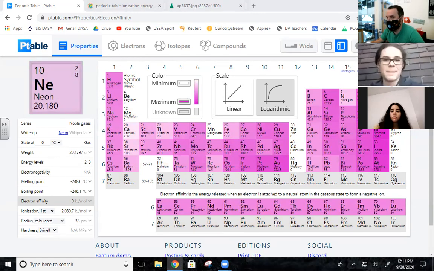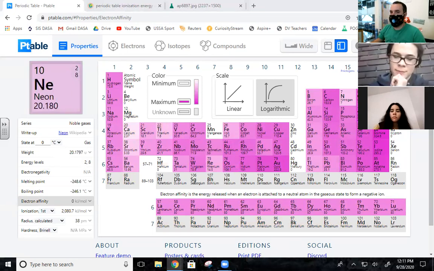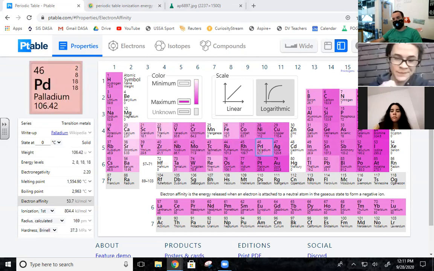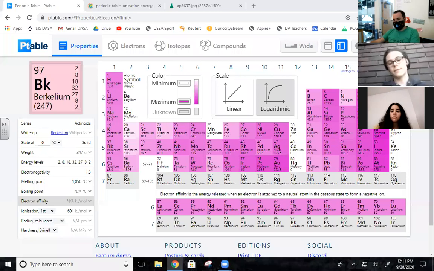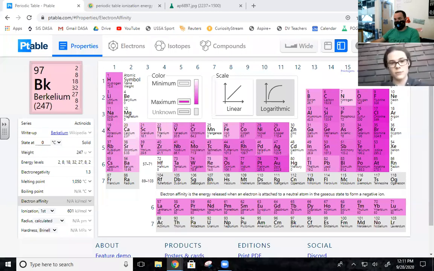It's the energy of gaining or losing an electron. So for the metals, these guys, it is easier to lose electrons, and for non-metals, it's easier to gain electrons.